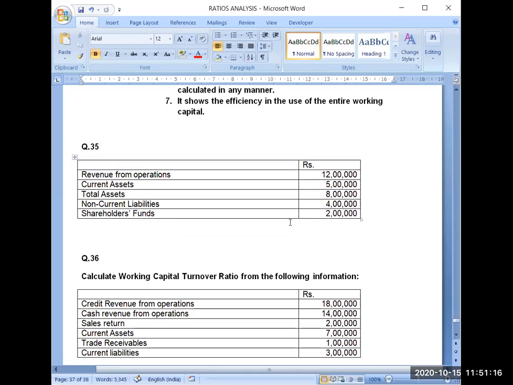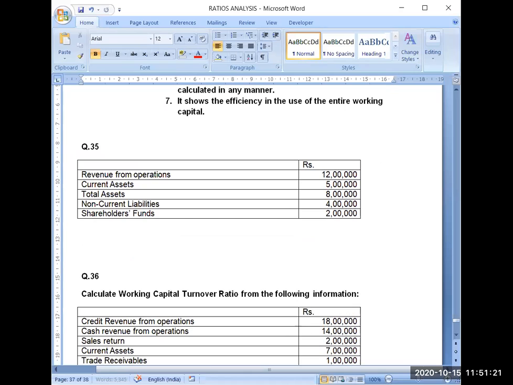Okay, now see this question number 35. Working capital turnover ratio we have to calculate in this question. First we will write the formula: working capital turnover ratio is equal to revenue from operations upon working capital. Always write the formula again, I am saying, and whenever you are writing the formula, just recite it also.